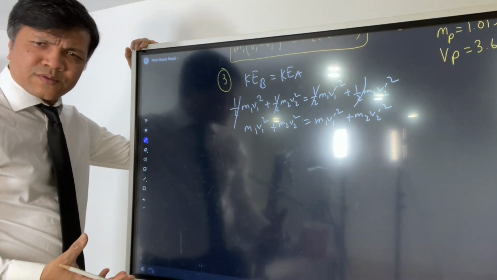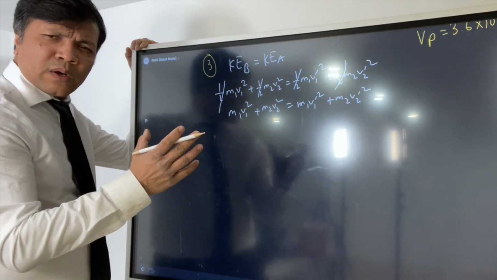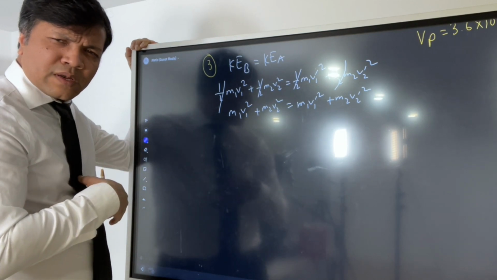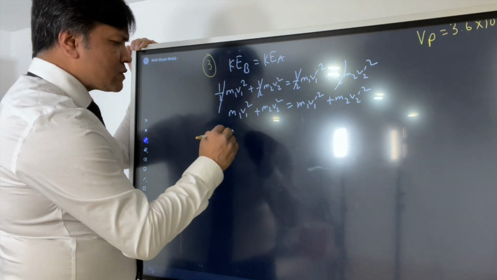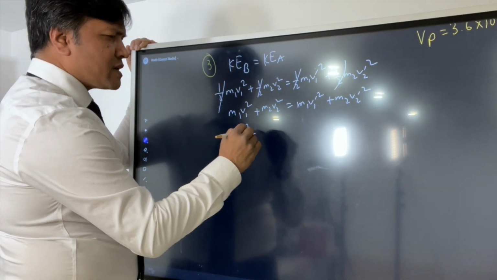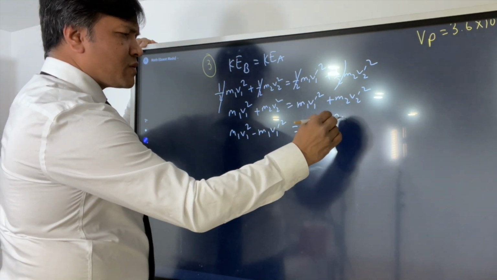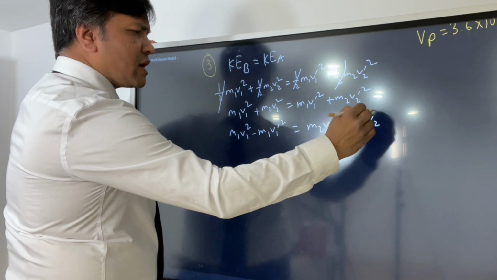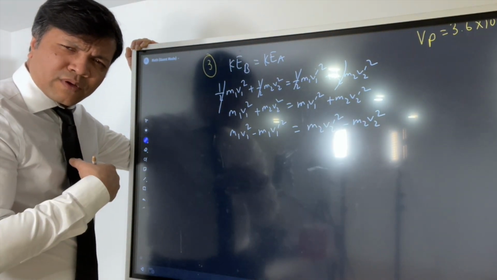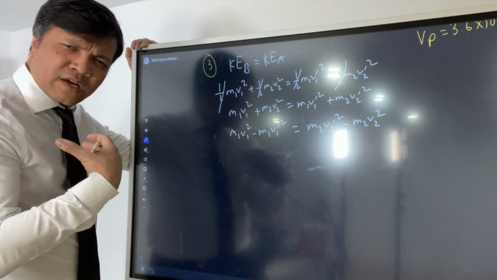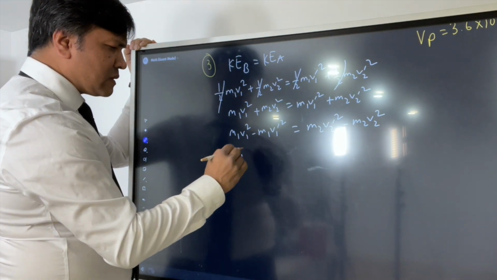Now what are you going to do with this? You're going to bring all the m1 v1 to the left side and send all the m2 v2 to the right side. So m1 v1 squared minus m1 v1 prime squared is equal to m2 v2 prime squared minus m2 v2 squared. Now what you can do, you can factor out whatever you can factor out. On the left side you can factor out m1, on the right side you can factor out m2. So let's do that.